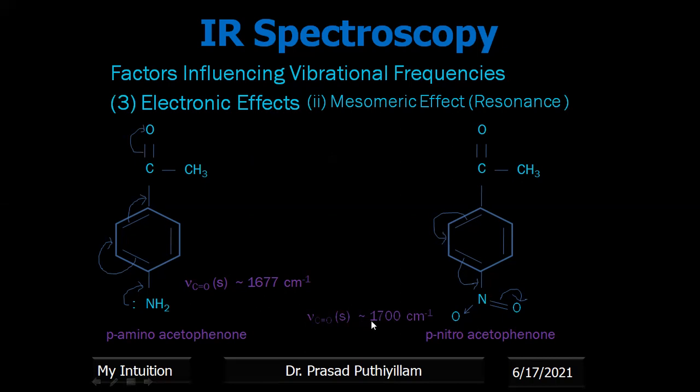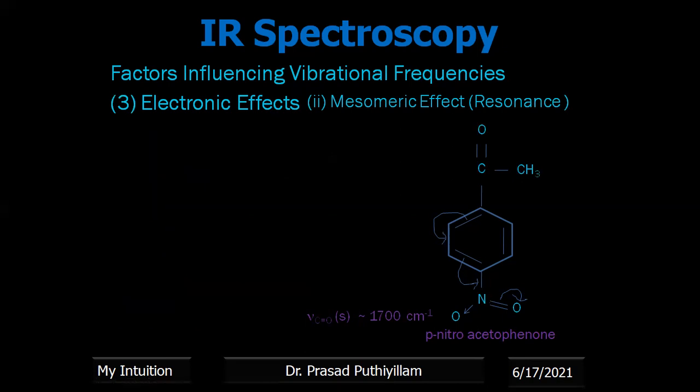Therefore, we can see the difference: 1700 cm^-1 for para-nitroacetophenone, and 1677 for para-amino acetophenone. Now I'm keeping para-nitroacetophenone as such and taking another example to compare.